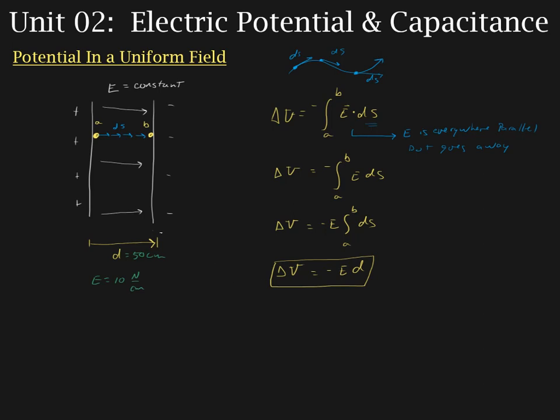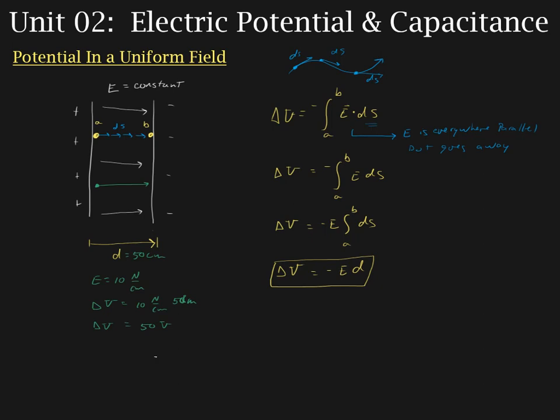Well, if I want to calculate, as I go from one plate to the other, all the way from here to here, what was the change in the potential, then it would just be delta V is equal to 10 newtons per coulomb times 50 centimeters. Actually, that's a fairly large plate. Let's go with 5 centimeters. All right, so 5 centimeters. And so delta V would turn out to be 50 volts, right?